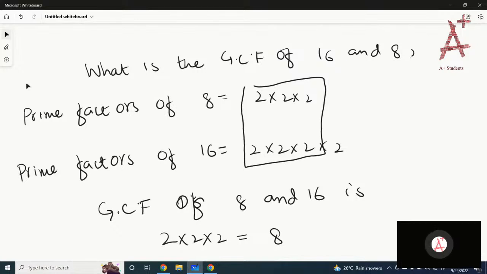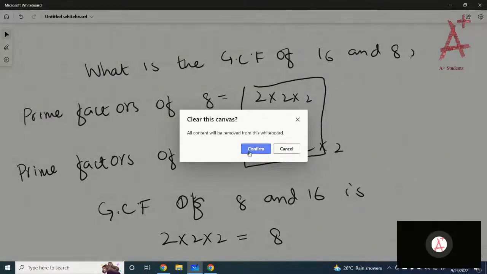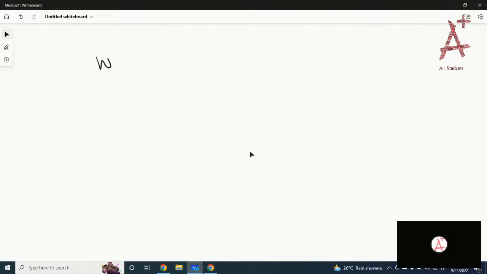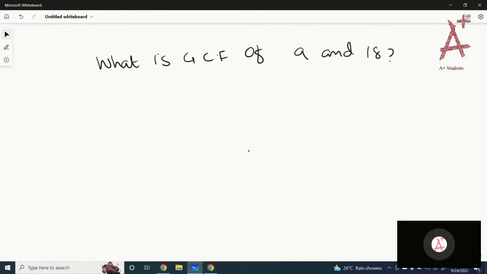Okay, the next one is, what is the GCF of 9 and 18? So just write the prime factors of 9 and 18 as well.